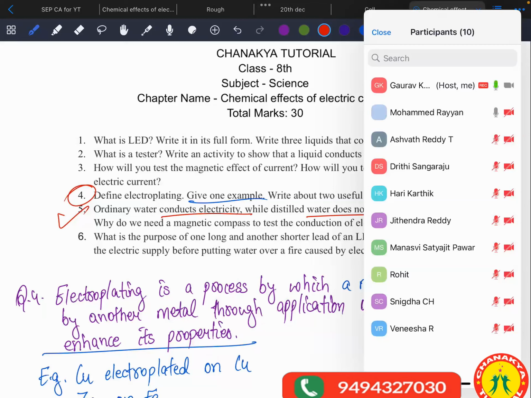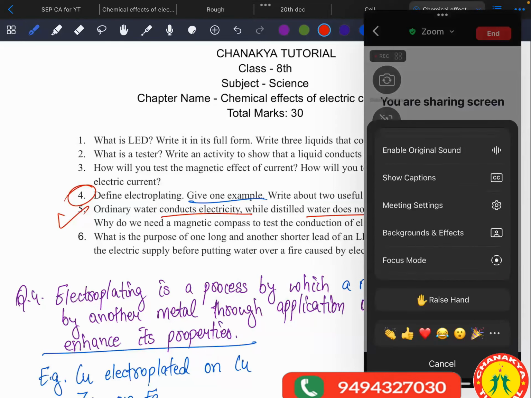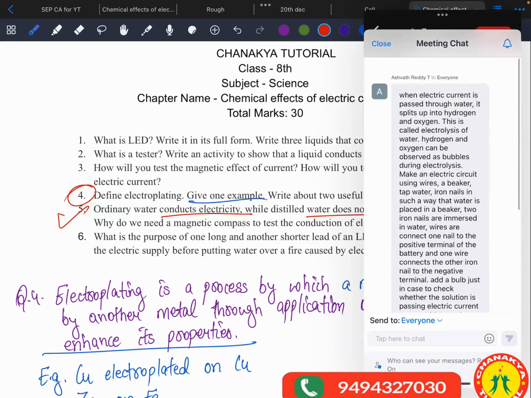Let me repeat it again. Distilled water is the pure form of water, and the normal water we have has minerals and all those, and it conducts electricity.